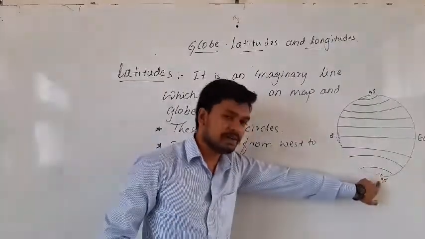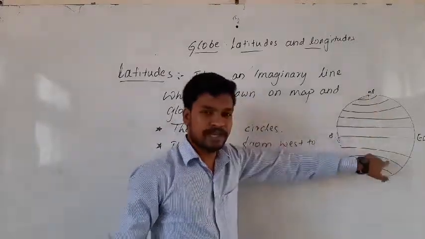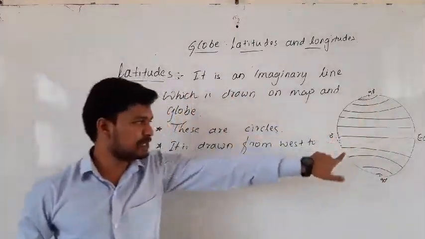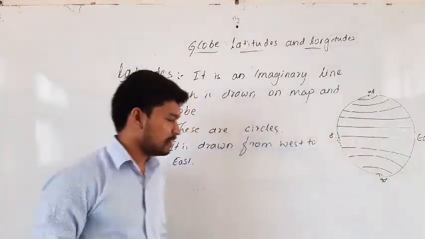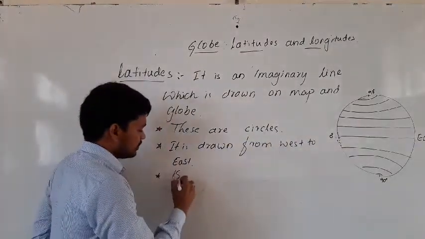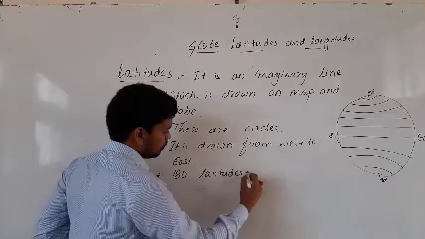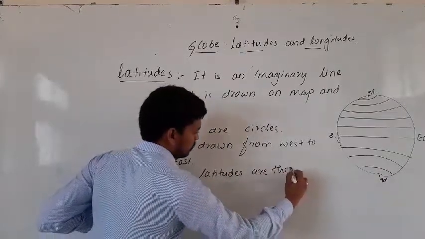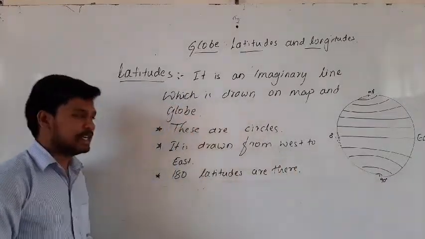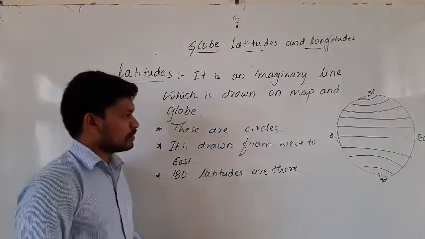Towards the south pole from the equator, we have 90. So 90 plus 90, 180. So 180 latitudes are there.